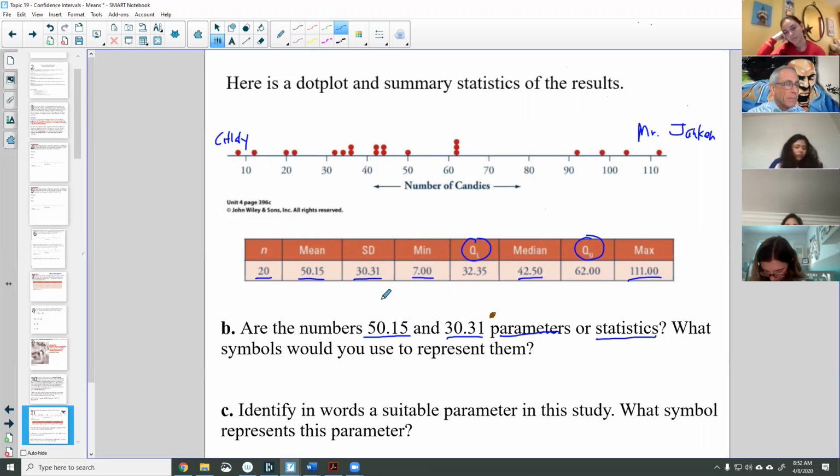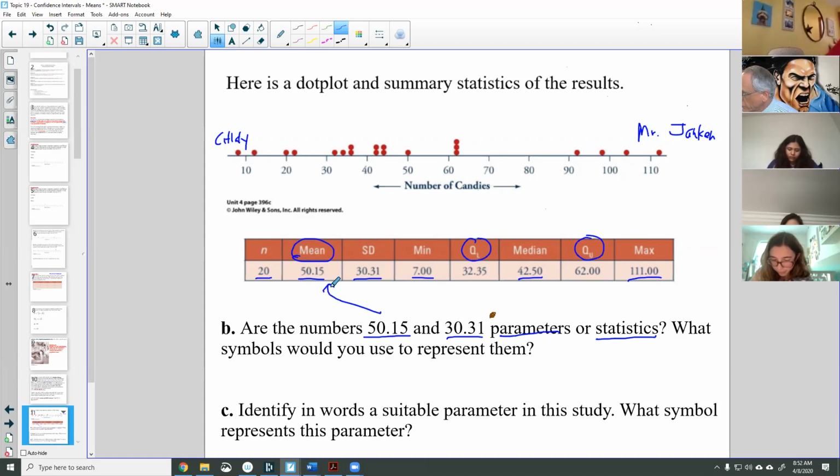So Keely, now you have to tell me, what is the symbol I would use to represent 50.15? Sigma. No. I don't know. Okay, that's fine. You will find out in a moment.